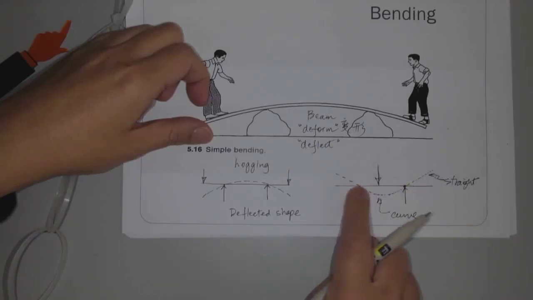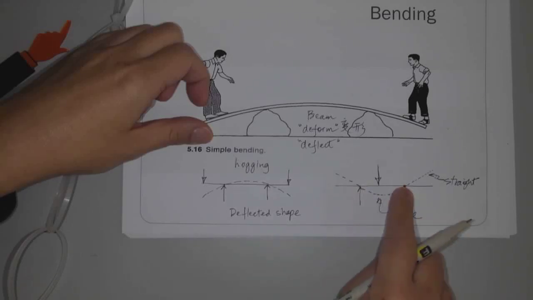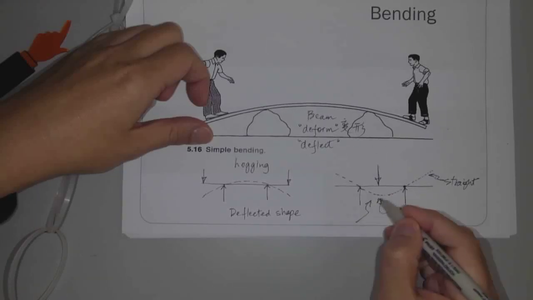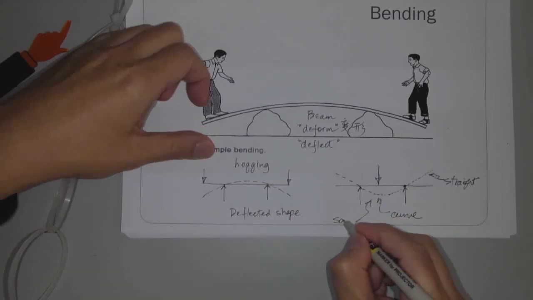And then when the beam bends downward like this, right? When the beam bends downward like this, it is called sagging. S-A-G-G-I-N-G.